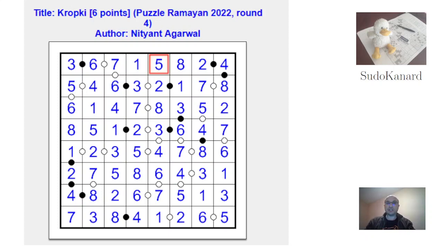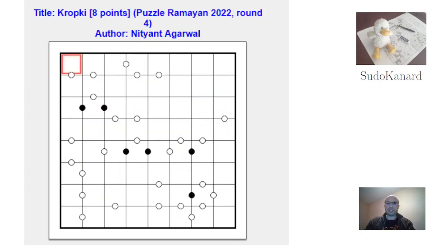So let's move on to the third Kropki puzzle, which was the highest pointer of the 3. And again, in 8 by 8 grid. So where do we look? There again, we have here sequences of 3 digits in a ratio of 1 to 2.